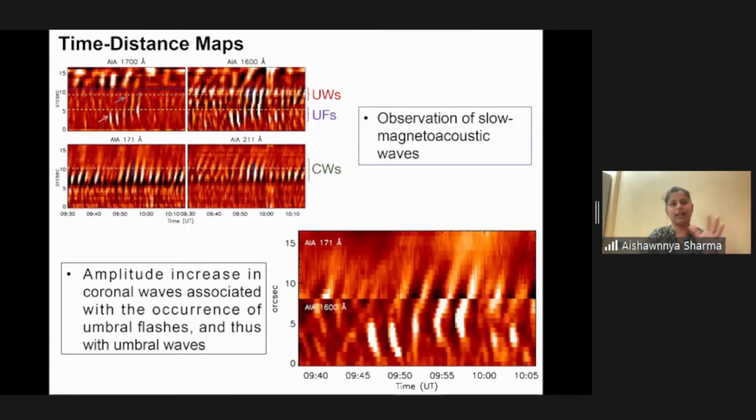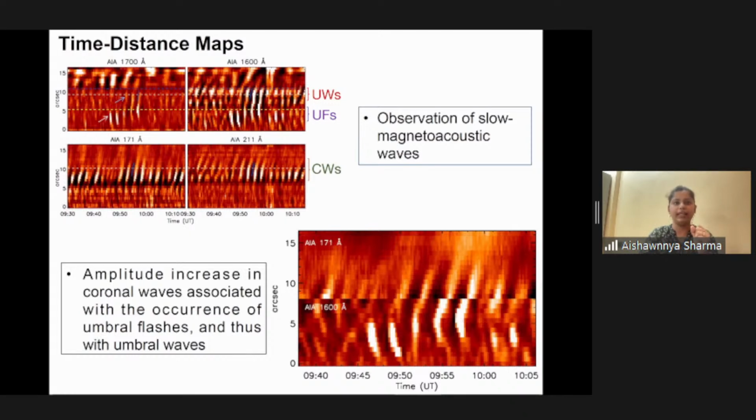Okay, and this is how the time distance maps, the results of the time distance analysis, appear. In the upper part, there are four panels. The x-axis is time and the y-axis is distance, so this is called time-distance analysis.